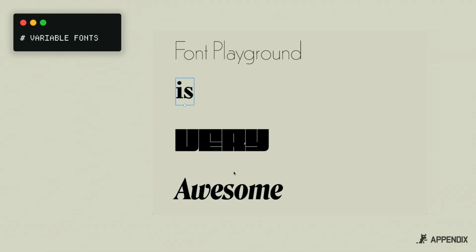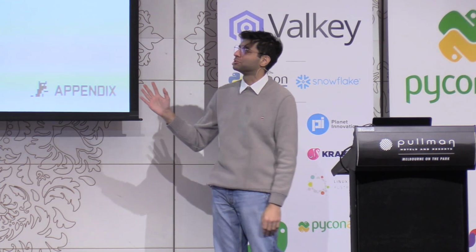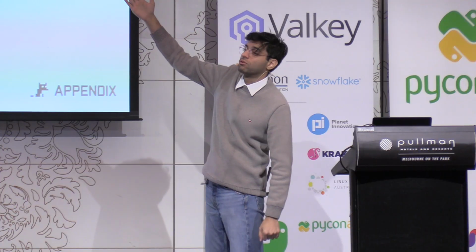So variable fonts are kind of a solution to this, and they allow you to define in the font file an axis, and the axis can be basically anything. The spec is actually very loose, but practically you mostly use it for things like font weight is now arbitrarily renderable. You store instructions on how to render the thickness of a stroke differently depending on this axis variable.